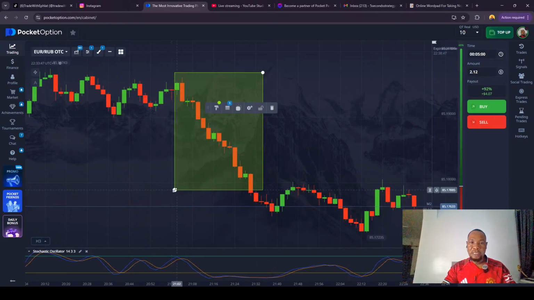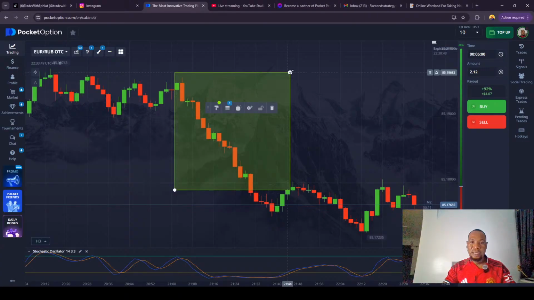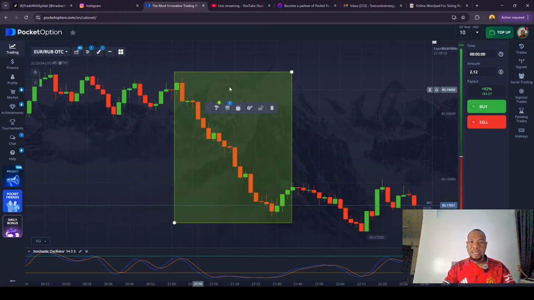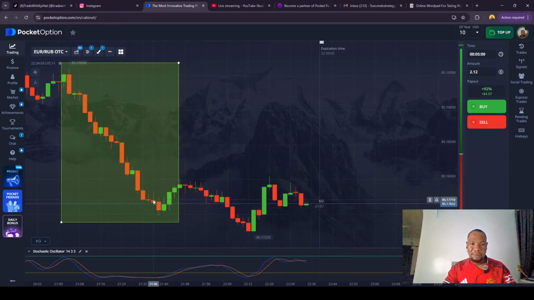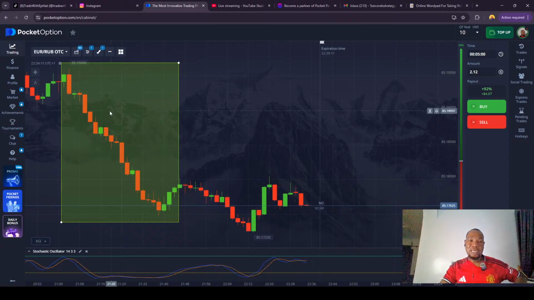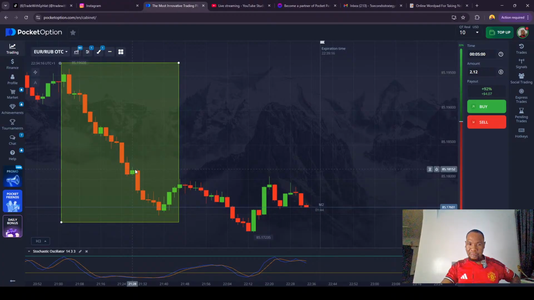Look at this move from here to here. So we have how many red candles here? 1, 2, 3, 4, 5, 6, 7, 8, 9, 10, 11, 12, 13, 14, 15. And inside this move, we have 15 red candles, and just three green candles.